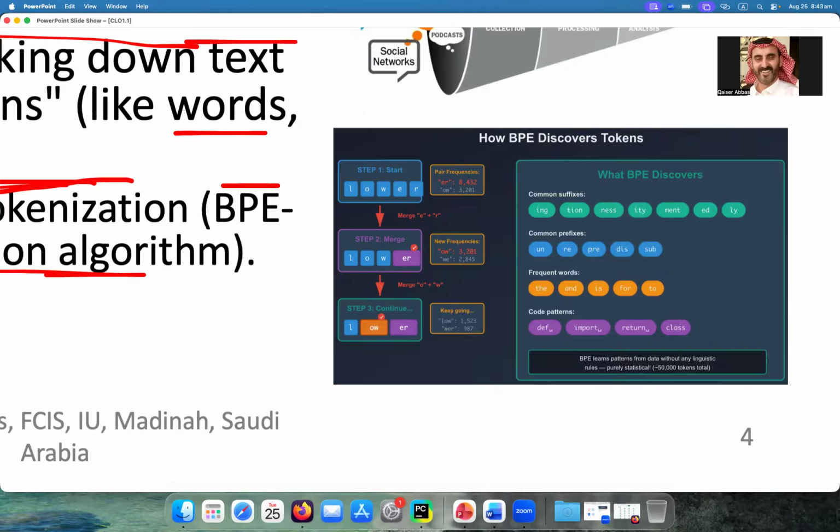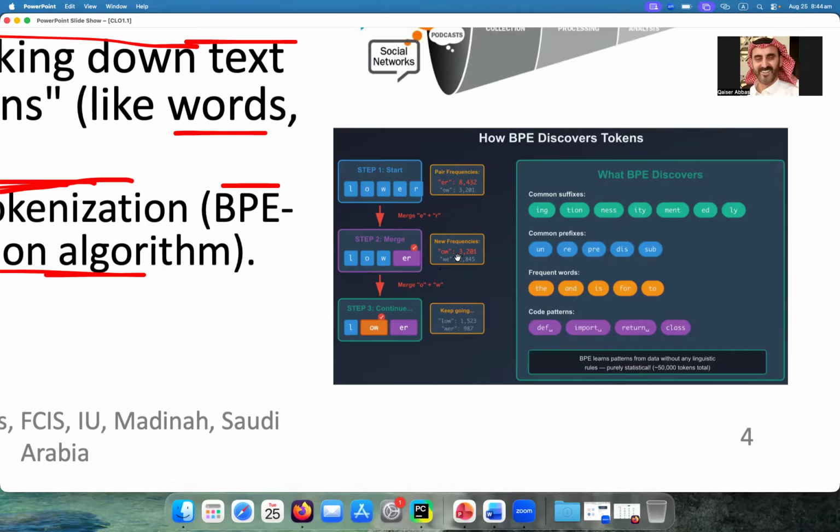And then in the whole corpus, it will calculate the frequency of these pairs. For example, the pair ER has the frequency 8432, or OW has this frequency, and similarly others. If ER has the highest frequency, then the BPE algorithm will merge these two characters. And then in step 2, you will have this situation, low and ER, because ER has the higher frequency.